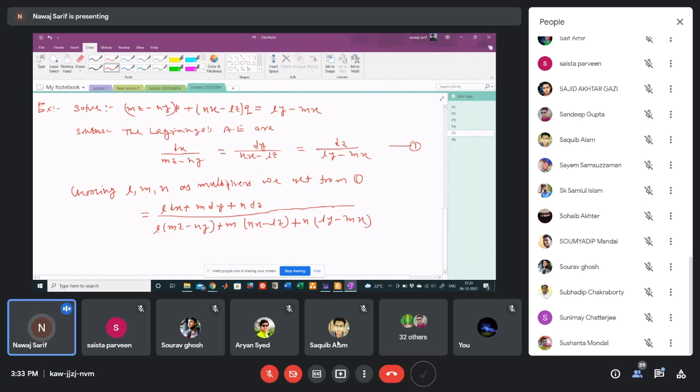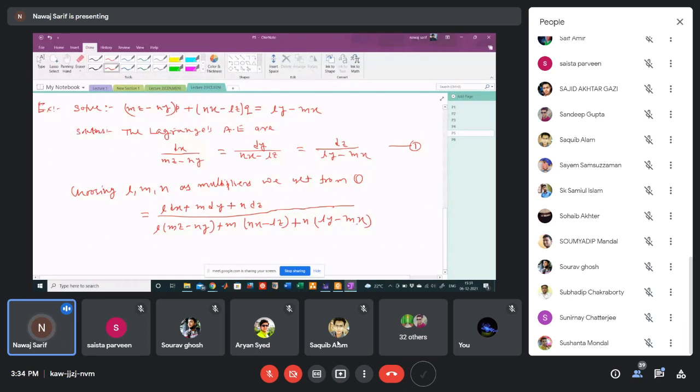When you multiply this by l, this gives you lmz, and see here this term is m and this is minus lz, so this is minus lmz, so this cancels out, and this is your minus lny. So when you see here, this is plus lny, cancel out, so this is your plus mnx and this is your minus mnx.